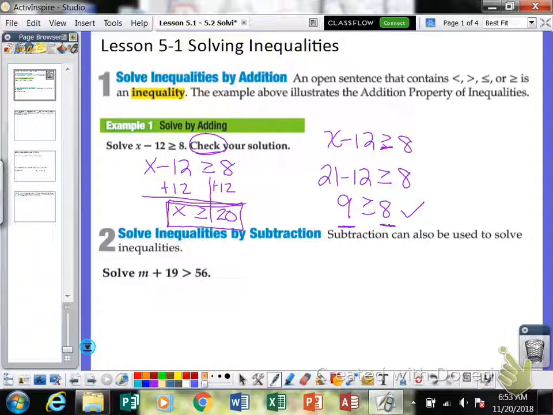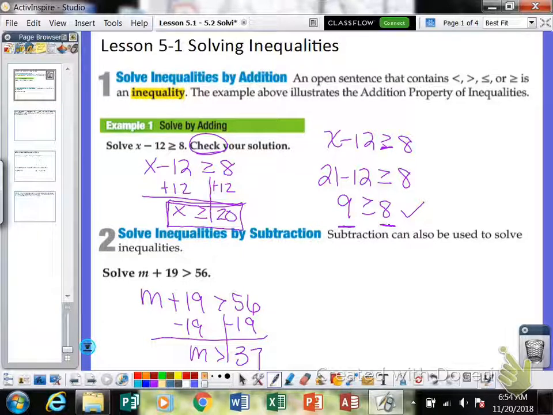So in the second one, the same thing. M plus 19 is greater than 56. I need to get rid of that 19, so I am going to subtract 19 from both sides. And I get m is greater than 37. And like I said, to check this answer, I'm going to write my original problem down. M plus 19 is greater than 56.